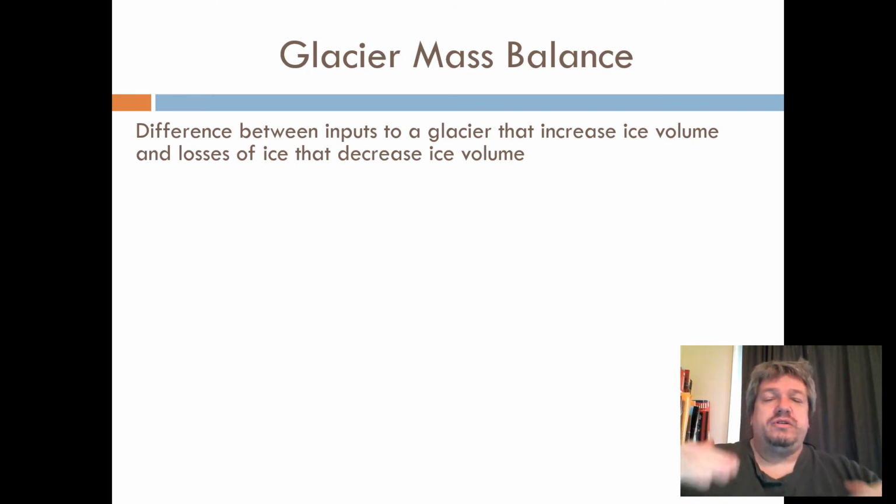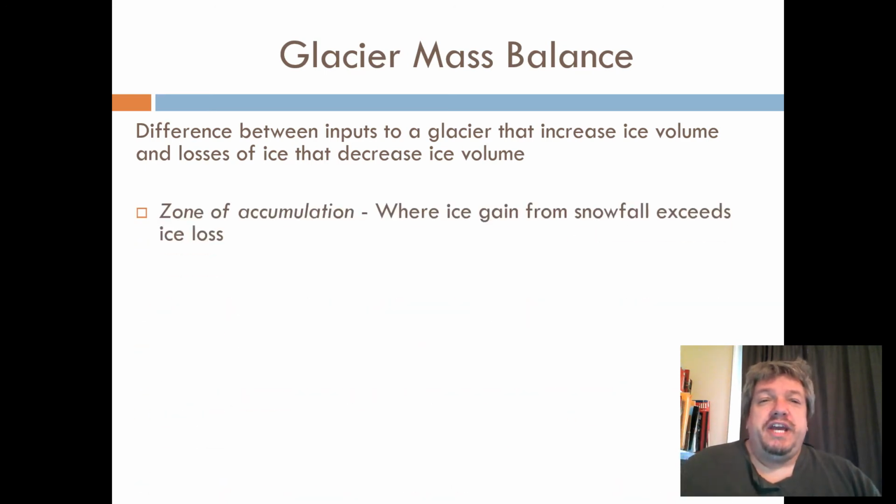Every year it snows, so the adding of more snow creates more glacier. And what would be something that decreases the volume? Melt. The glacier at the bottom melts, or parts of it break off into icebergs. And so you basically take those two, and if there's more glacier being made than being lost, it has a positive balance. It's growing. And if there's more glacier being lost than being formed, it has a negative balance.